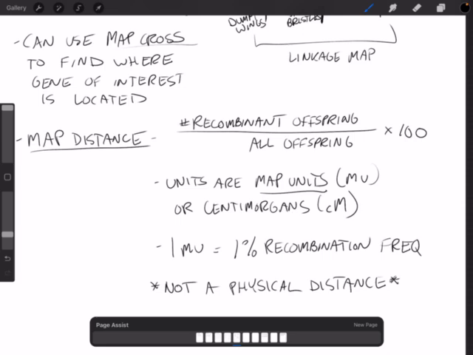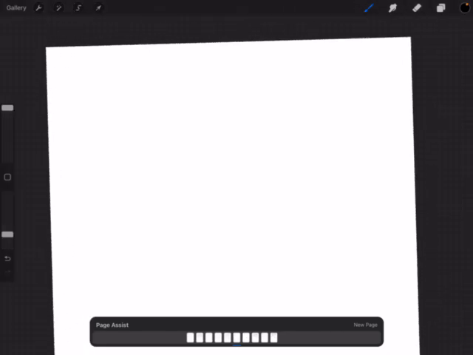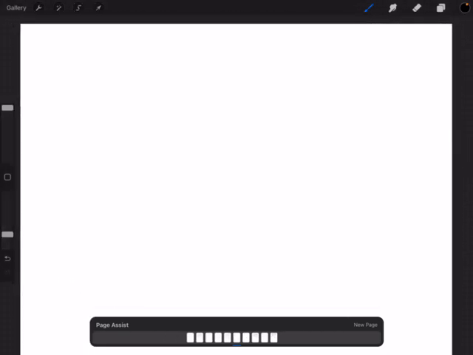We're going to go through an example now where we try and sketch out the whole process. All right, this will involve, in every good map cross, a test cross. A test cross is used for mapping gene distances and ultimately in determining linkage.